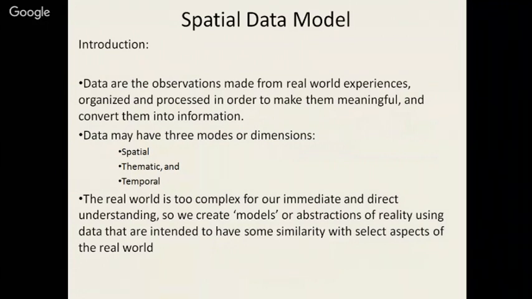So the real world is too complex for immediate and direct understanding. So we create models or abstractions using data that are intended to have some similarity with selected aspects of the real world. So what do we do in GIS basically? We try to create models of the real world. We try to abstract the reality into some form which is much more convenient to work upon.